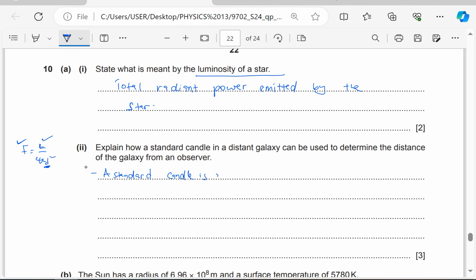is an astronomical object which has known luminosity, I'll put L in brackets.